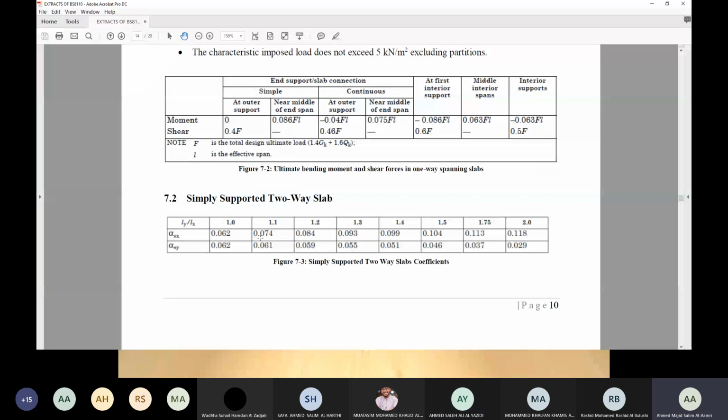So when we talk about simply supported, the elements are not connected to each other, they are only sitting. If I bring, for example, a precast slab and place it on top of a beam without connecting it, then I can say it's only sitting on it, or I can say it is simply supported. The slab is simply supported on the beam without a proper connection.